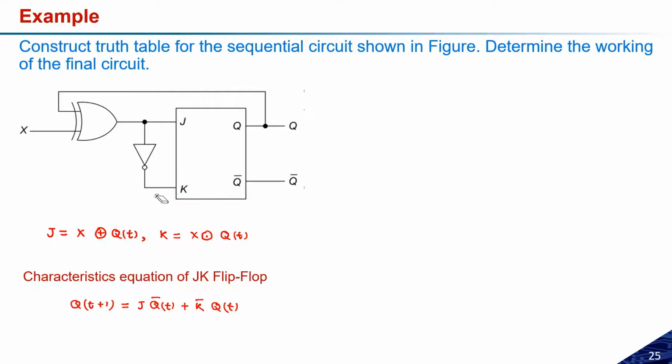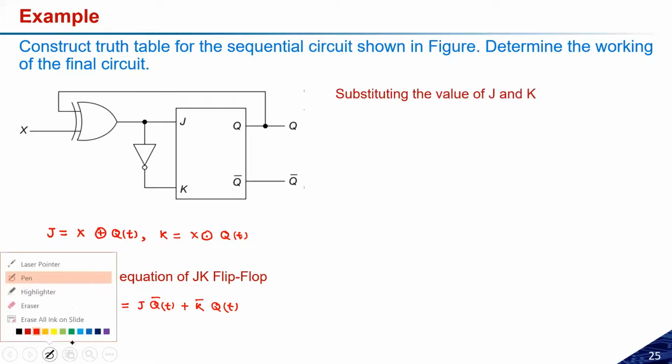Once we know J, K, and the characteristic equation of the JK flip-flop, I simply have to substitute the values of J and K into the equation.